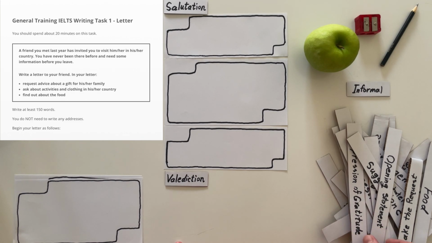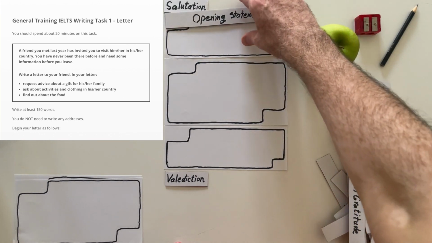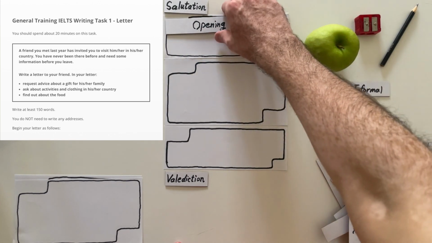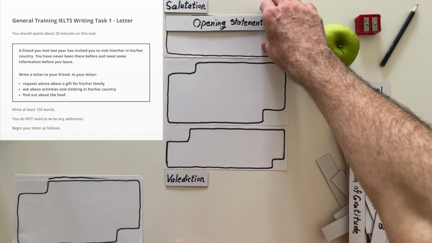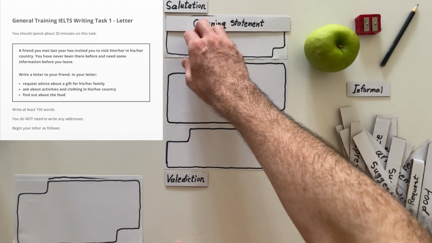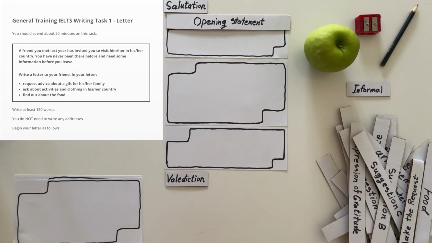So where do we begin? Let's start with an opening statement, and you can go very slow. You can start by saying, dear Joanne, and then in the first sentence, just normal things. I hope this letter finds you well.